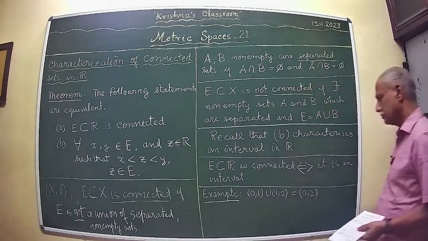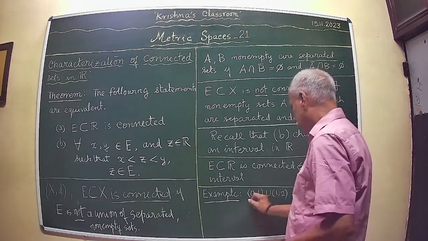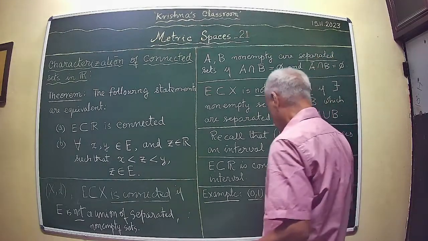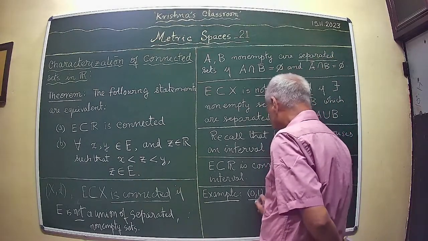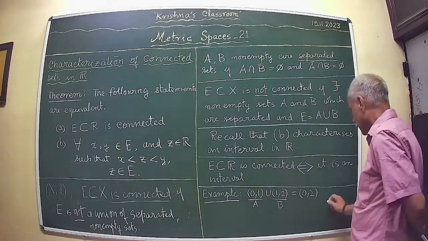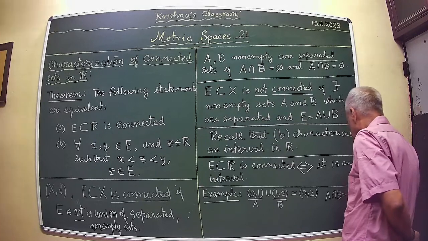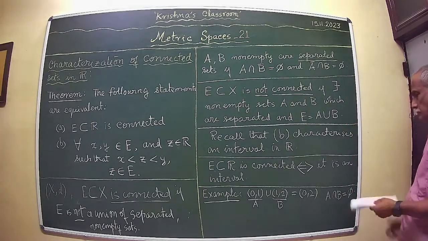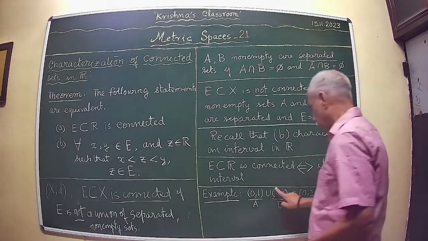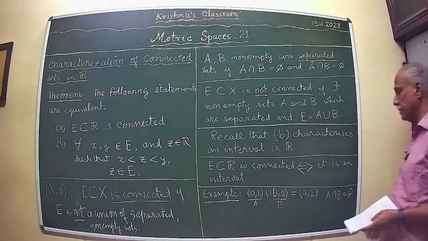It's an interval. Suppose I call this A, call this B, then you see that A intersection B is empty.